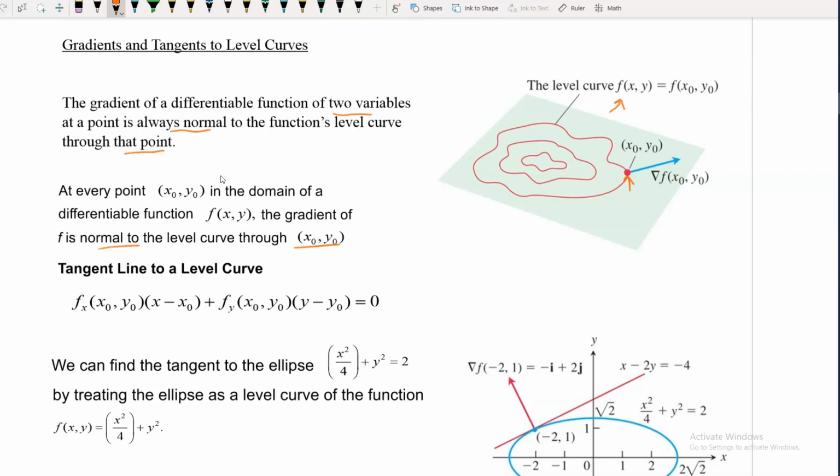So the tangent line to the level curve is the partial derivative of f with respect to x at (x naught, y naught) times (x minus x naught) plus the partial derivative of f with respect to y at (x naught, y naught) times (y minus y naught) equal to 0.